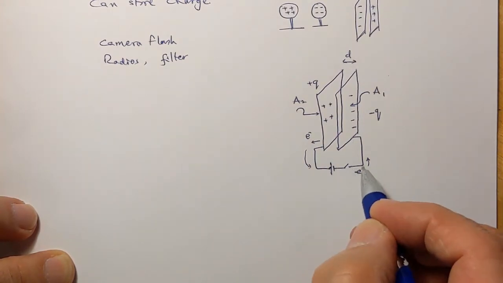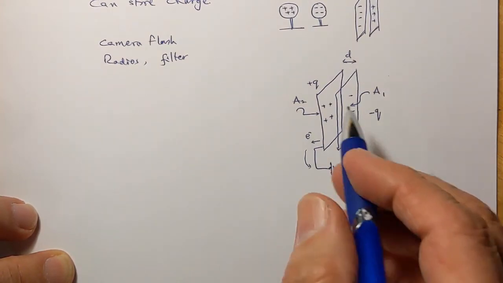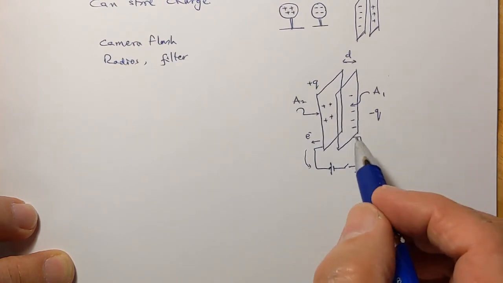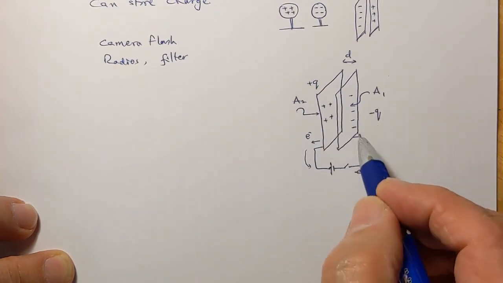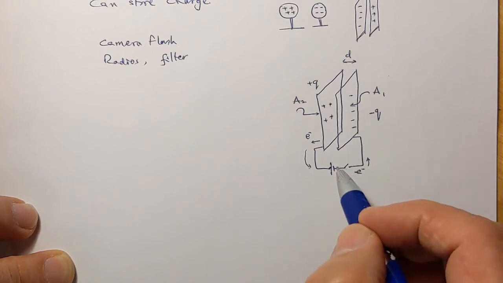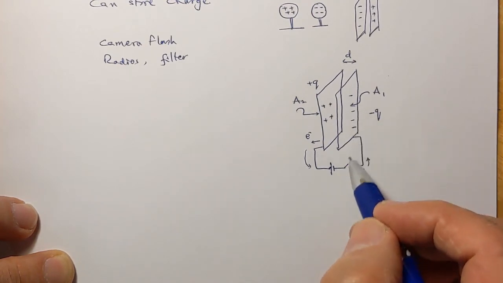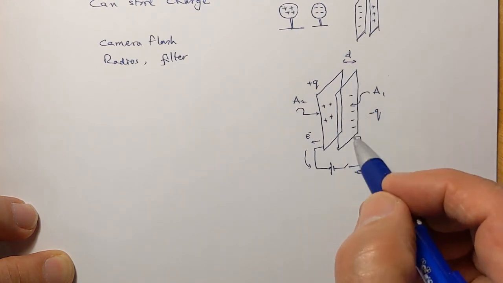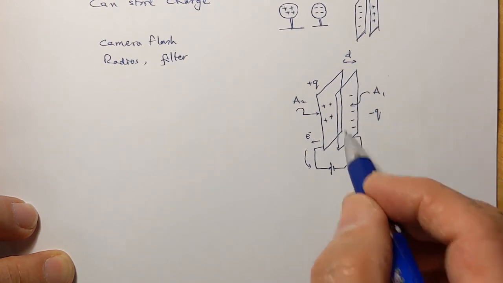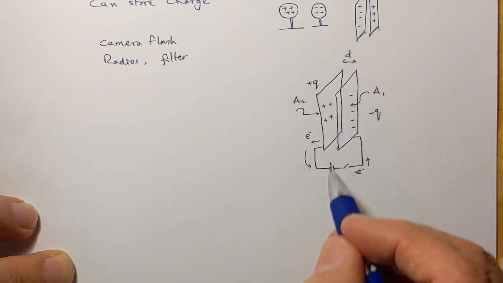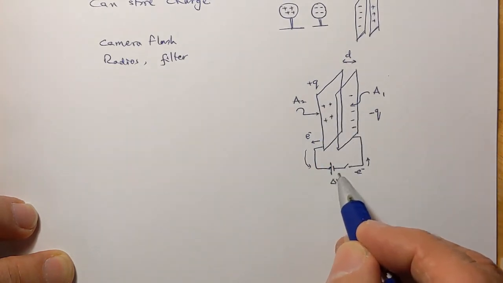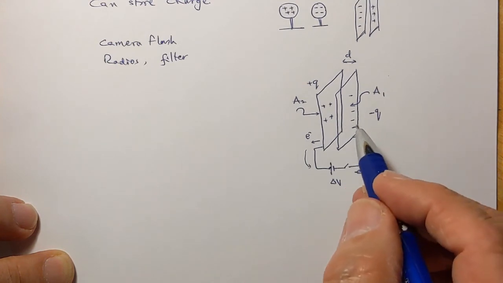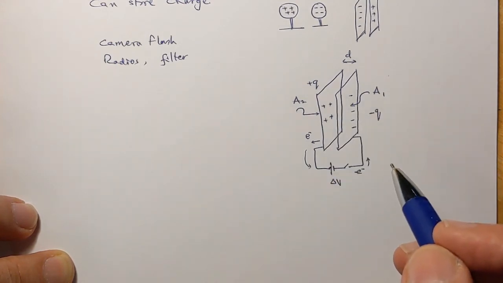Now, as the charge keeps on collecting, the potential difference here keeps on increasing, and due to that, the new electrons will try to prevent electrons from coming in. Once the potential difference across the two plates becomes the same as the battery potential, no new electrons can come in, and at that point we say the capacitor is fully charged.